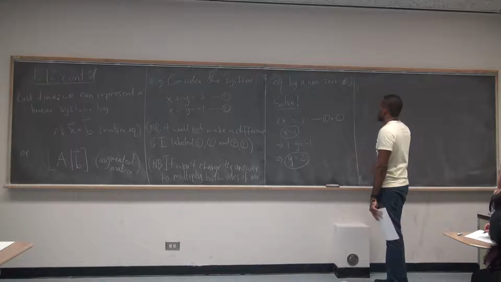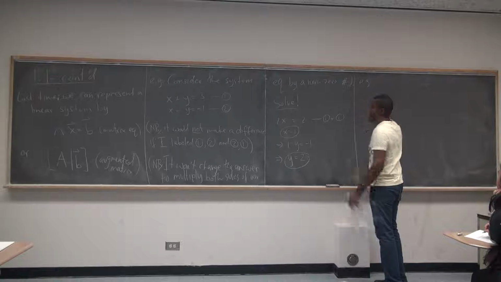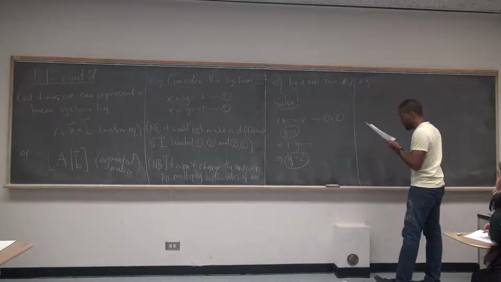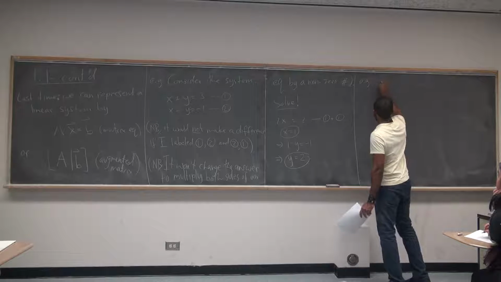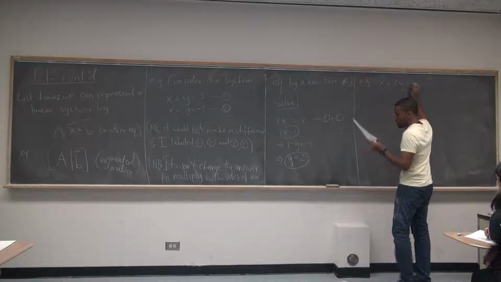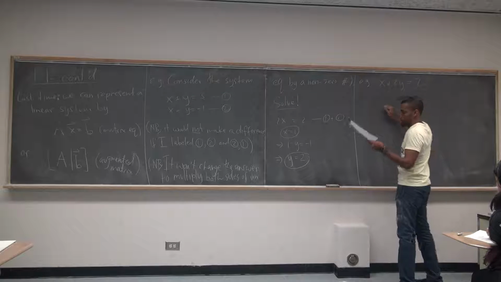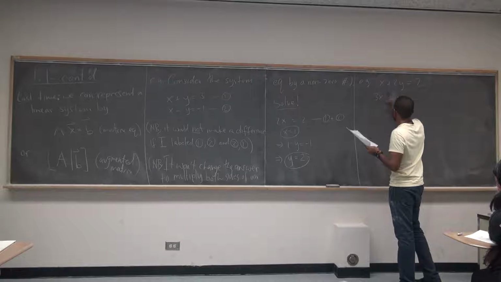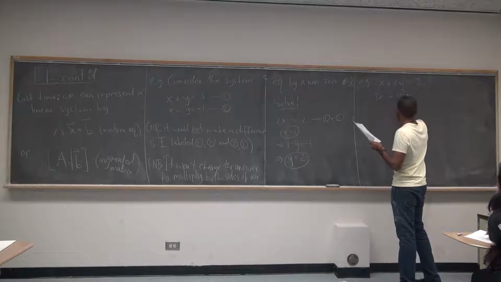So what? Let's do another example, because I'm going to tie this into what we're going to be doing now. What if I had x plus 2y equals 7, and 3x minus y equals 7?